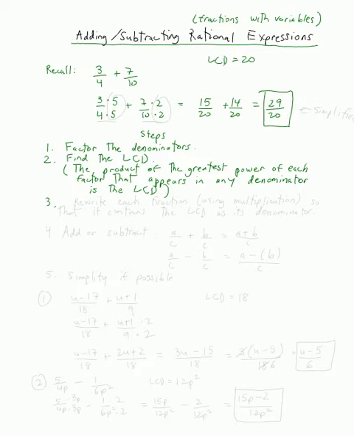Step 3. Let's remember what we did here. Notice in this last problem we multiplied each one by what it was missing, and then we gave the top that too. So we're going to do the exact same thing here.